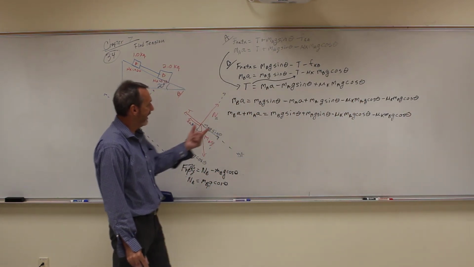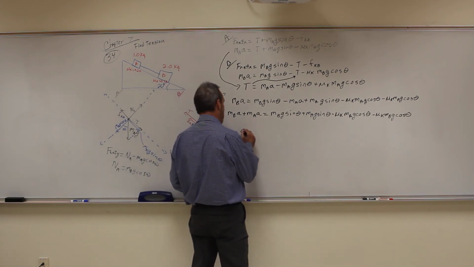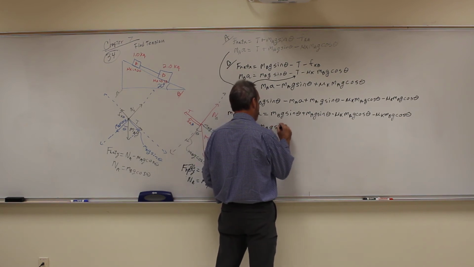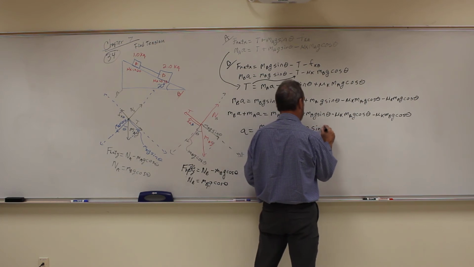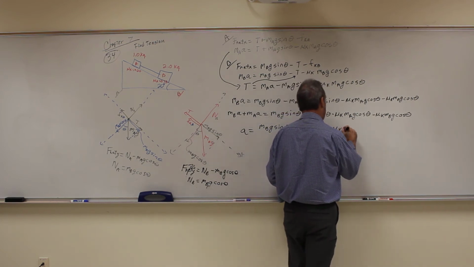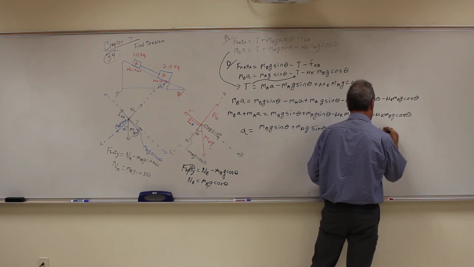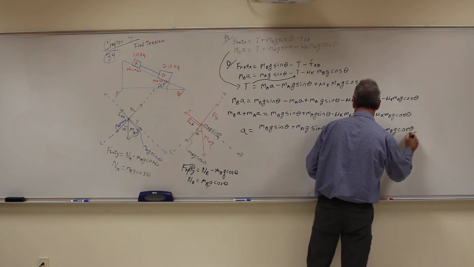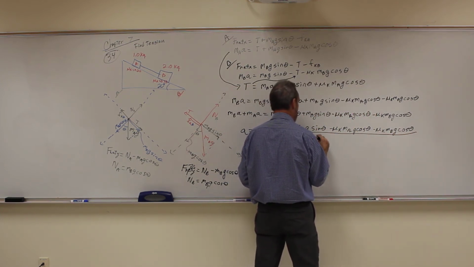All right, then I factor out the a and I divide by all that. So I'm going to get a is equal to m_B g sine theta plus m_A g sine theta minus mu sub k m_A g cosine theta minus mu sub k m_B g cosine theta all over m_B plus m_A.